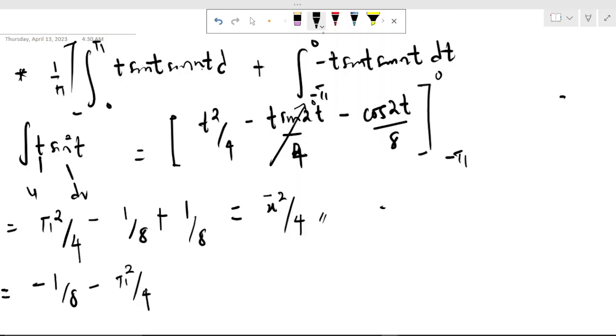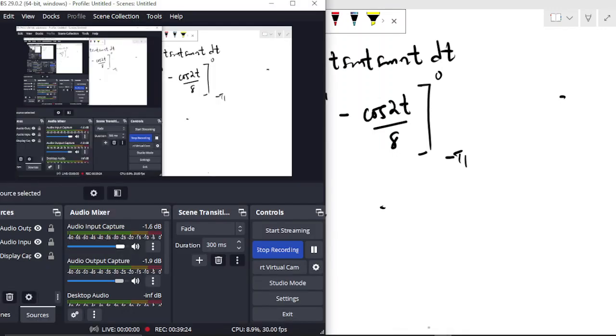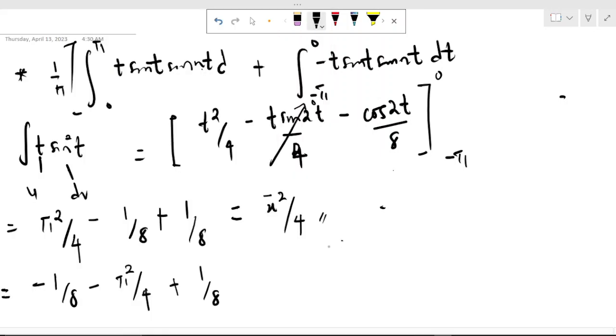Then we get plus, putting t as minus pi, we get 1. So we have plus 1 over 8. So from here we have minus 1 over 8 plus 1 over 8 gives us 0. So we are left with minus pi square over 4.